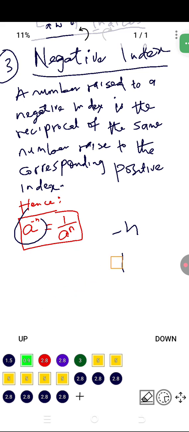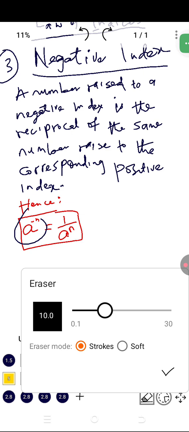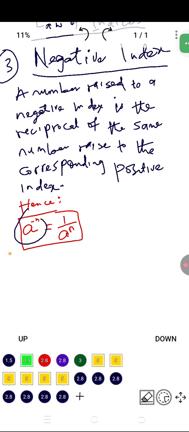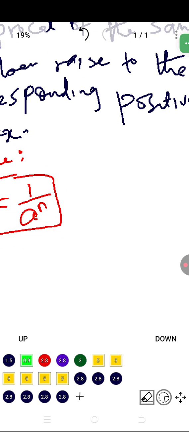So that is what it means, that you take the reciprocal of the number raised to the corresponding positive index. So that is what we have from the negative index law.